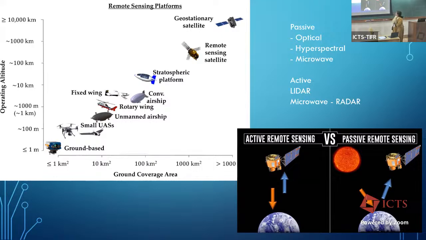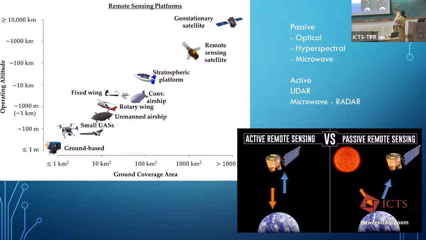You have passive remote sensors, which essentially capture reflected radiance from the Earth's surface. That's reflected sunlight energy. And then you have active remote sensors, which send out a signal and then measure the reflection of that signal. An example of that is, you've heard of LiDAR, right? Another example is radar, microwave sensors, okay?